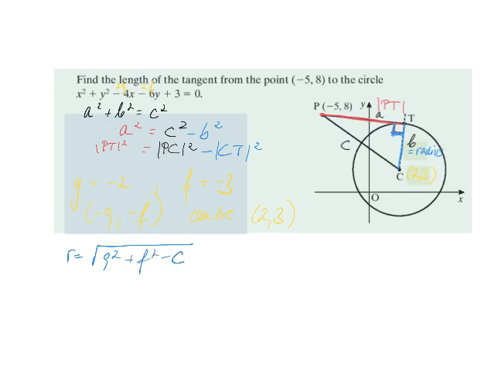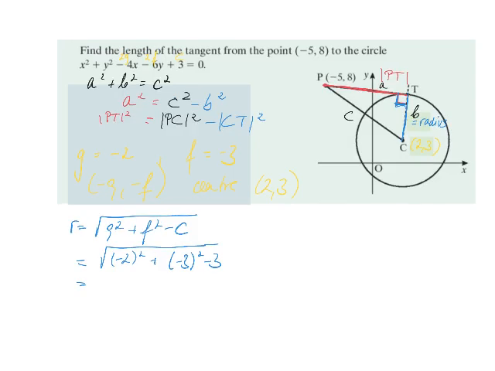Our c is the +3. So we just put our information in. It is the root of, g is -2 squared, f is -3 squared, and minus c would be -3. If you calculate this, that gives us root 10. So the radius is root 10.